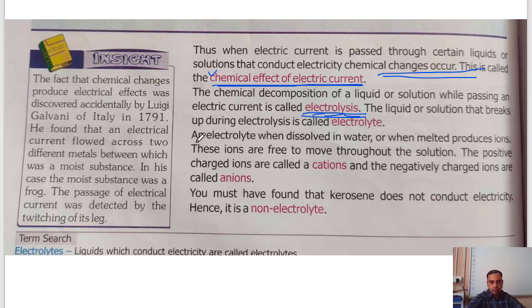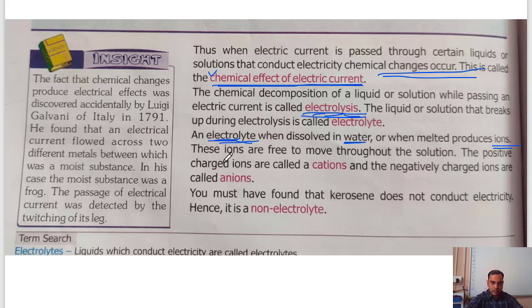An electrolyte, when dissolved in water or when melted, produces ions. That means an electrolyte is generally formed with some chemical bond, and due to that bond, it produces ions.